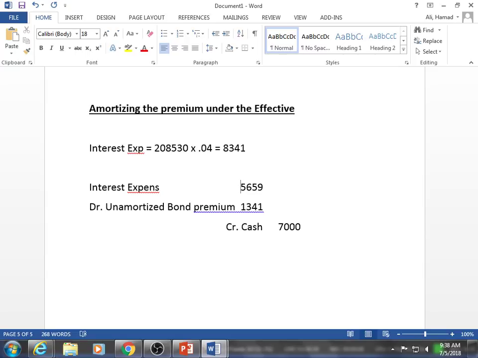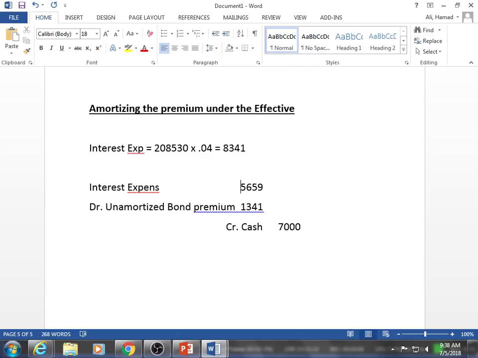It looks like they used a different interest rate. Well, they used the same one. What did you get in the book? Look on the effective interest method. Why do they have 744? And we have more than them. Unamortized bond premium.